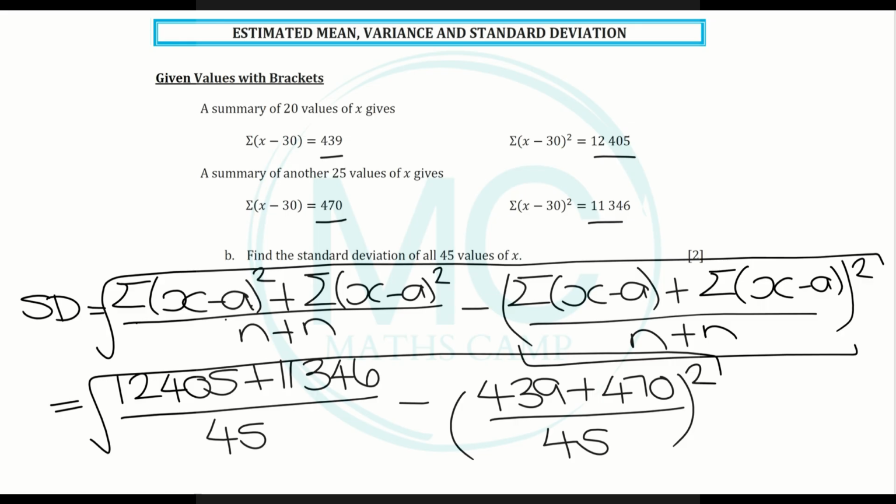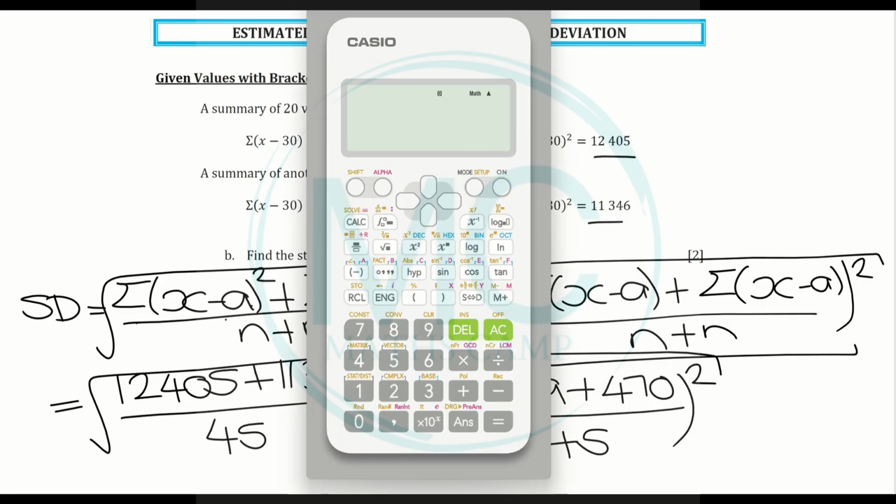And now I can take my calculator. Let's take a square root, I'm going to create a fraction. I can say 12,405 plus 11,346 over 45 minus, let's open a bracket, let's create a fraction, 439 plus 470 over 45, let's close my bracket, squared, is equal to 10.9434.